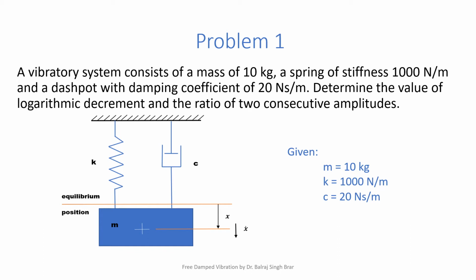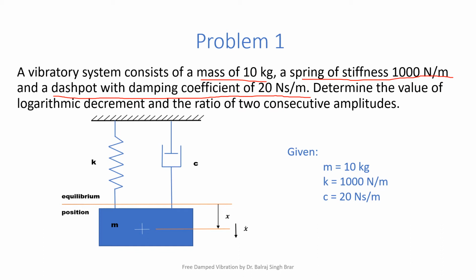Problem first is, let we have a vibratory system, which is a spring of stiffness K, mass m kg, and damper of damping coefficient C. In this case, it is given that a vibratory system consists of a mass of 10 kg, spring of stiffness 1000 Newton per meter, and a dashpot with damping coefficient of 20 Newton second per meter.